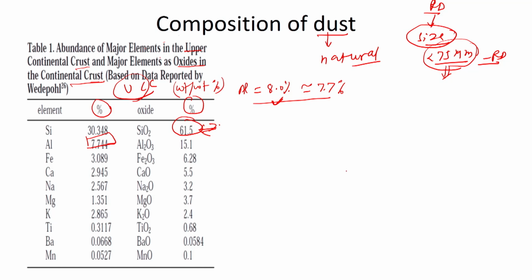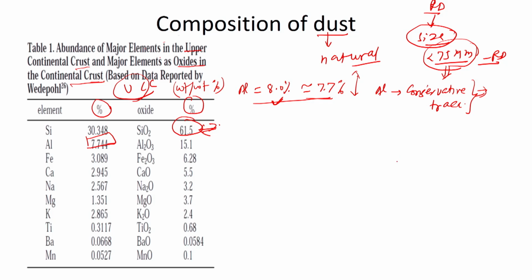This is very important, and a question must come to your mind: why is aluminum used as an indicator for road dust? The reason is very simple: aluminum is a very conservative tracer. This means it has no additional or anthropogenic source.